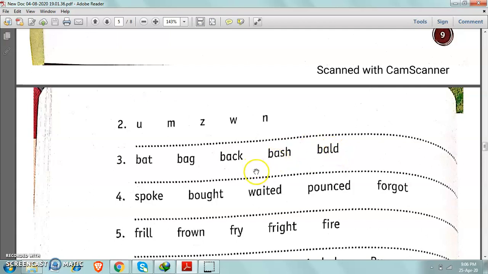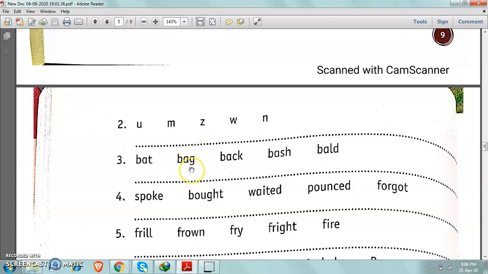So first of all we will write back, because C comes first from these all, B-A-C-K, back. After that, B-A-T, bat. Here what is there?